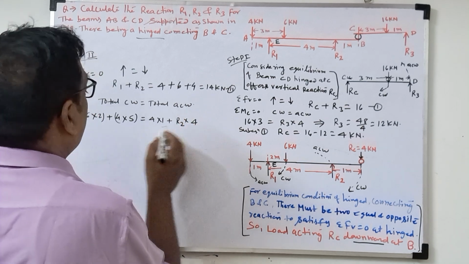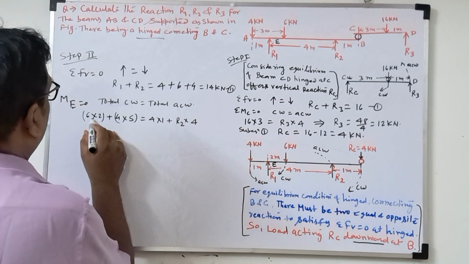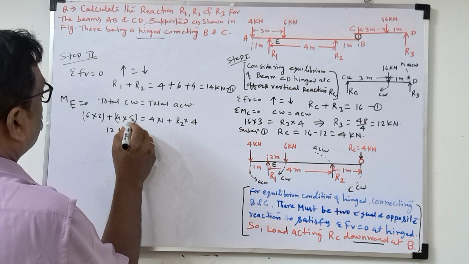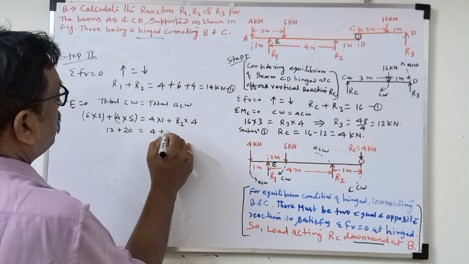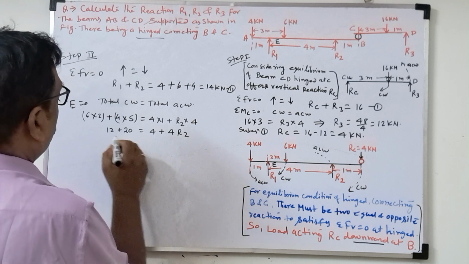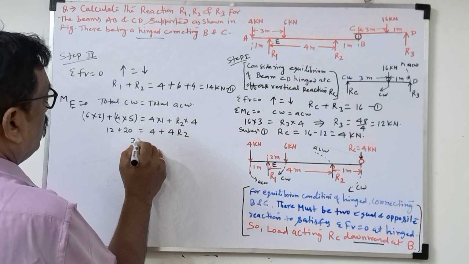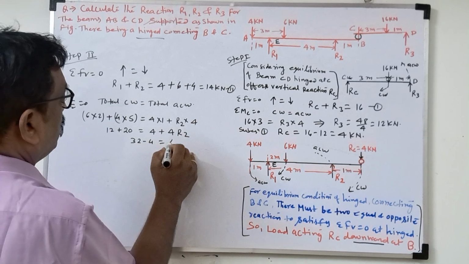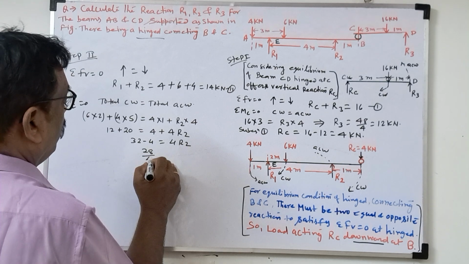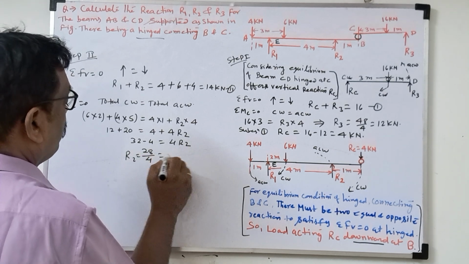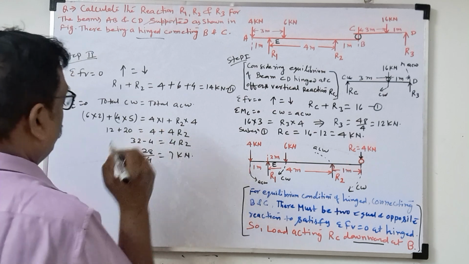R2 into 4. This way we can calculate R2. 12 plus 20 is equal to 4 plus 4 R2. So 32 minus 4 is equal to 4 R2. So 28 by 4 is R2, 7 kilonewtons.